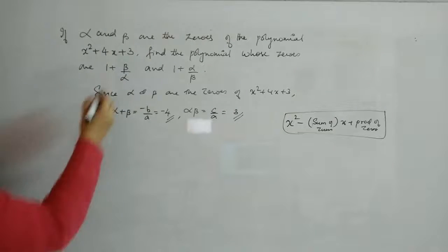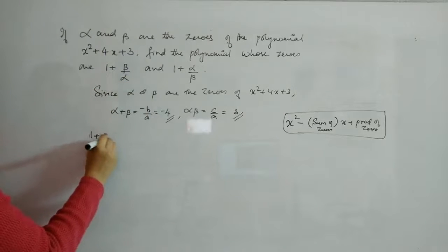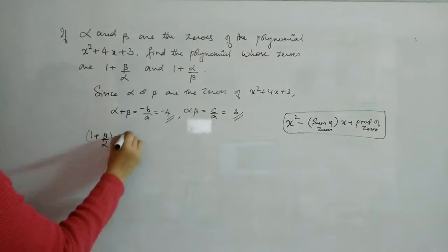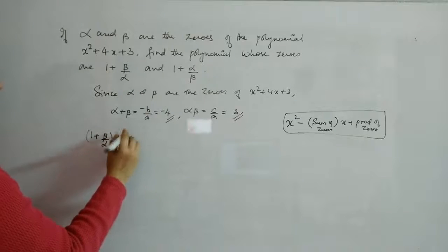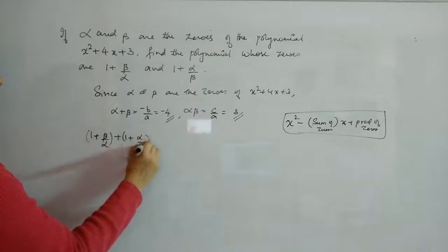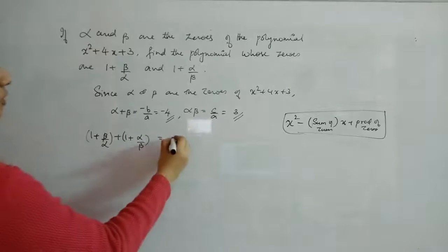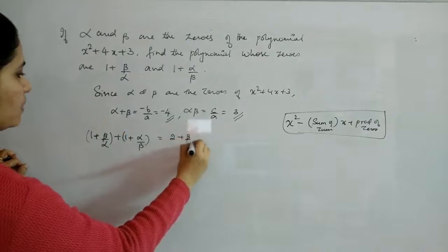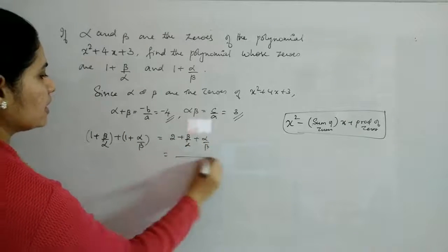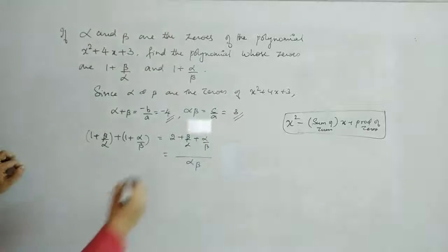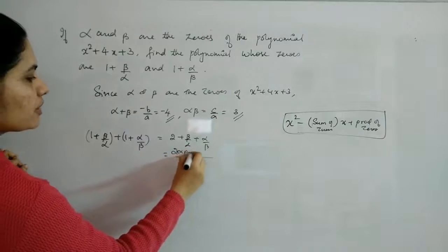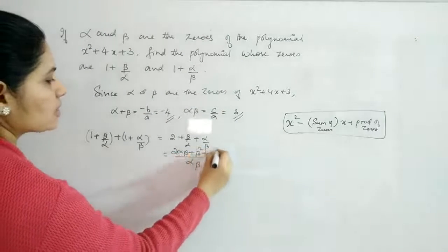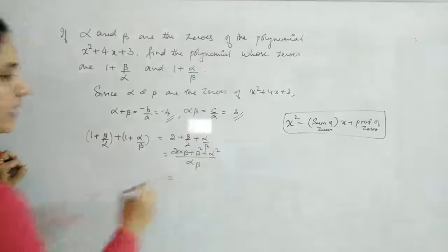Okay, now we will start with the sum. 1 plus beta by alpha plus 1 plus alpha by beta, which will give you, after this, 2 plus beta by alpha plus alpha by beta. Take the LCM, you will get alpha beta in the denominator. This is 2 alpha beta plus beta square plus alpha square, right?